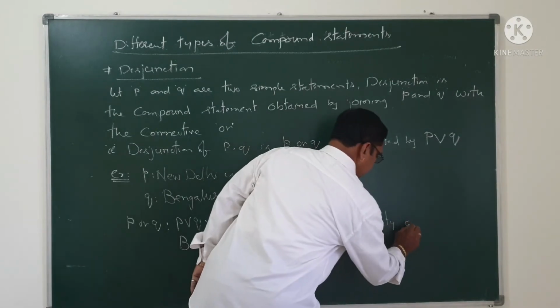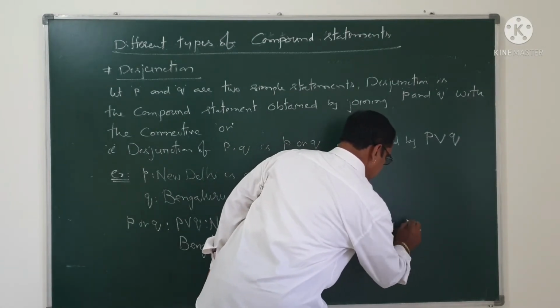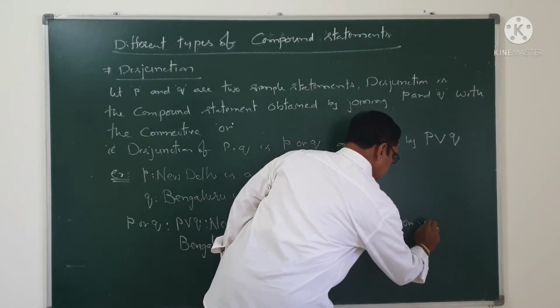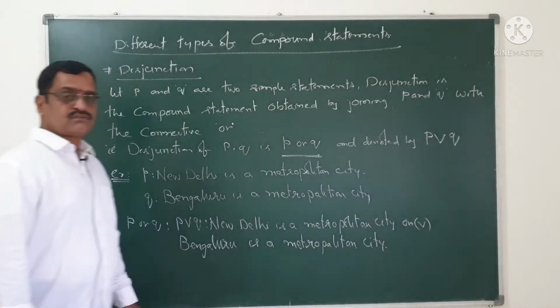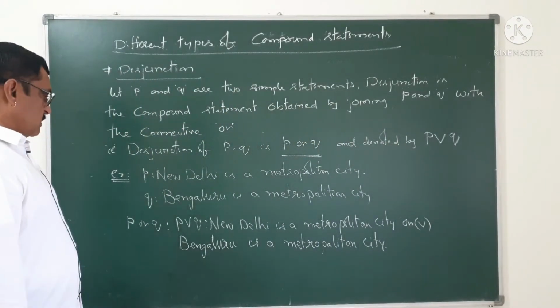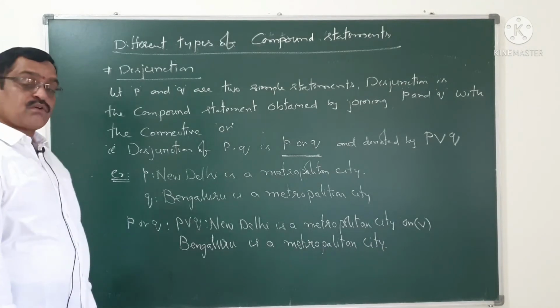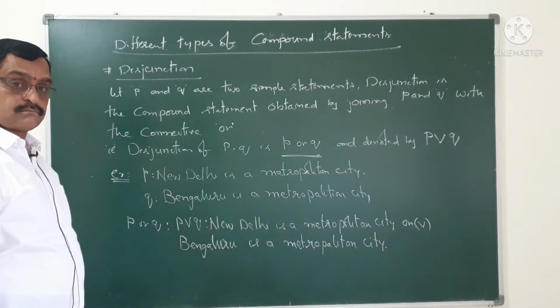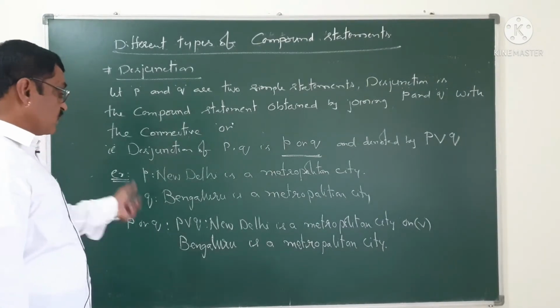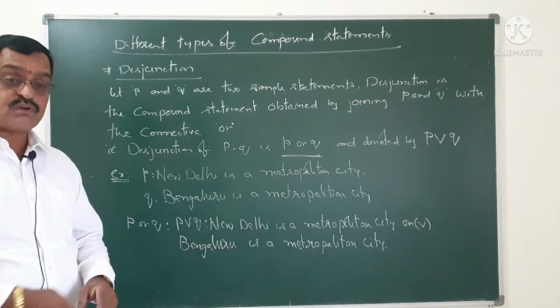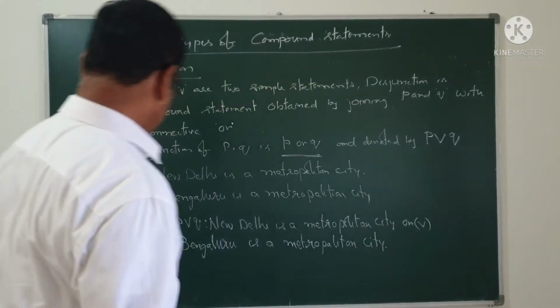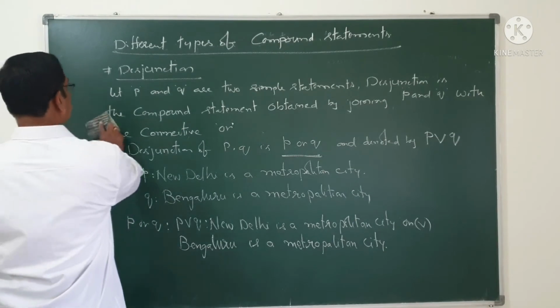I use the word or and the symbol between P and Q. Now here also you have to understand one thing. I will give you one more example, and I will explain the actual concept of this.